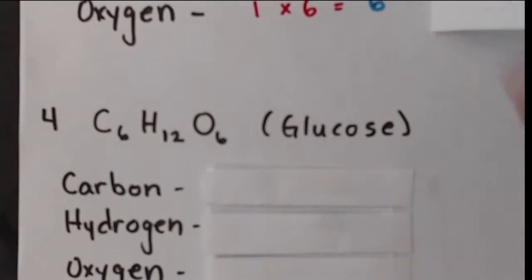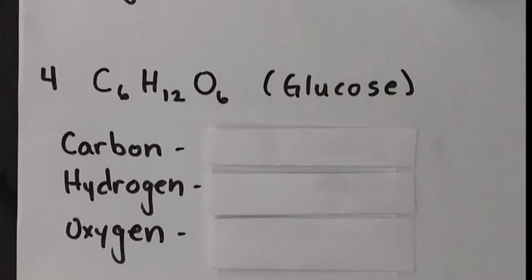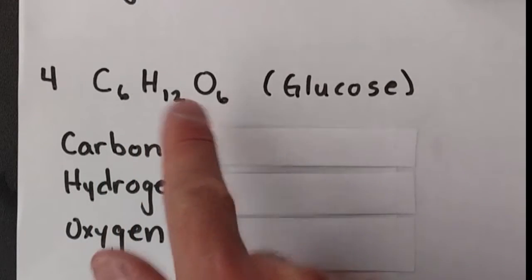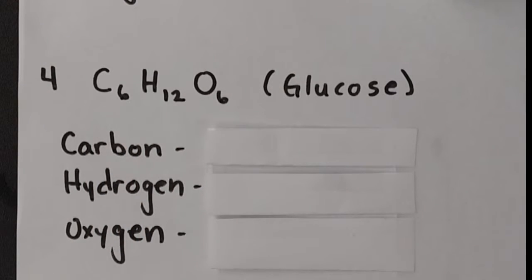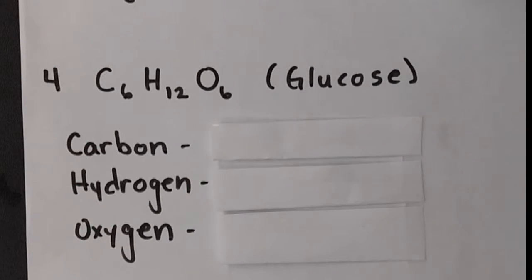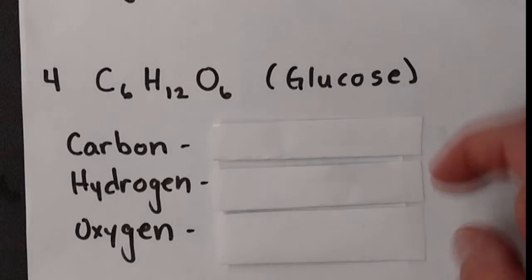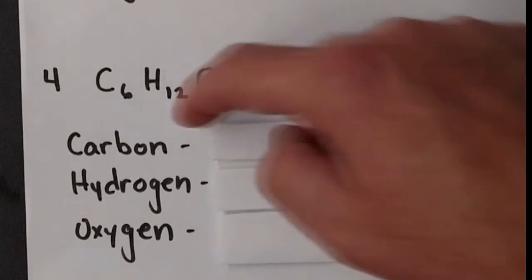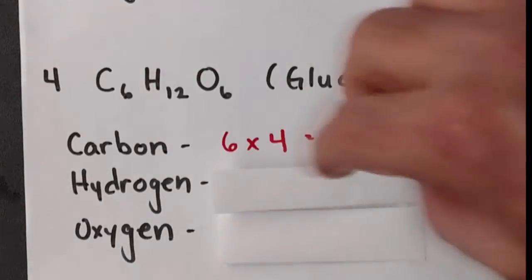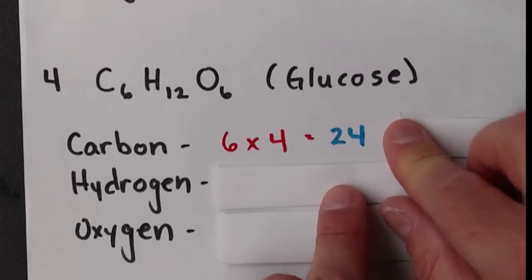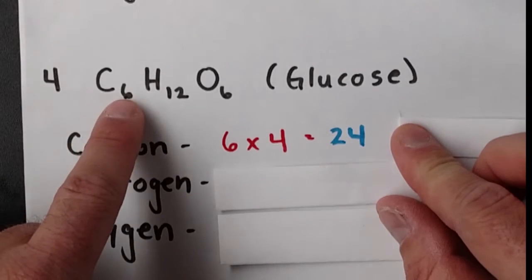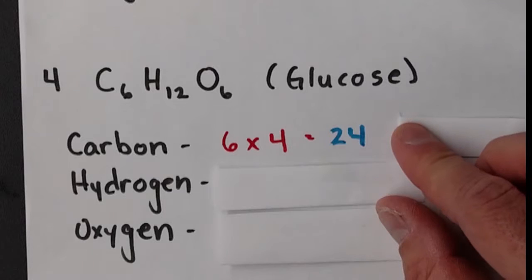Let's try another. So in this example, we have glucose, C6H12O6. Hopefully you remember that from 7th grade from respiration and photosynthesis. So how many carbons do we have in this molecule? Hopefully you said 24. 6 times 4 is 24.